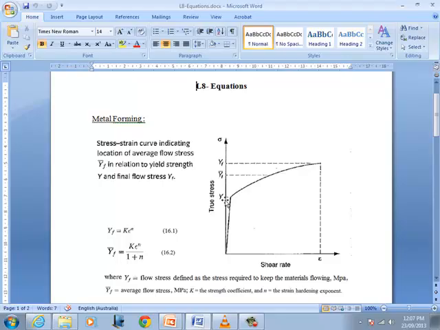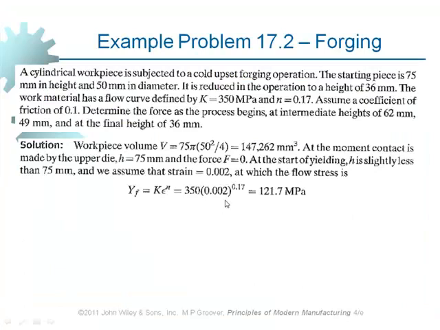If you are after this, you can substitute that much of strain to be sure that it gives us the magnitude of Y. If we consider it this way, for the strain we can substitute the magnitude of 0.002. n is given, K is also given. Then we can compute the magnitude of the required stress in order to begin the formation.